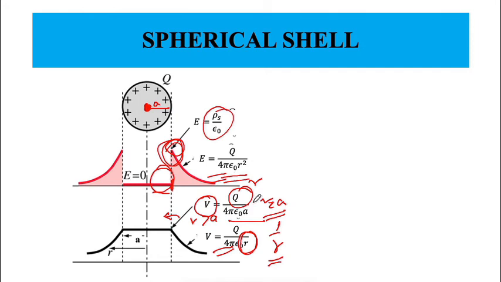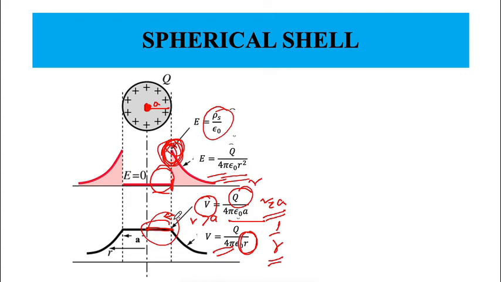Now what will be the potential to the left? It will not be 0; Q total by 4 pi epsilon naught a will be a finite value. It is interesting to see that the potential will not actually go to 0. The potential will be a constant and continuous at this point, whereas the electric field was discontinuous.